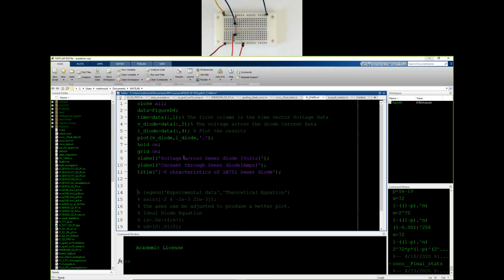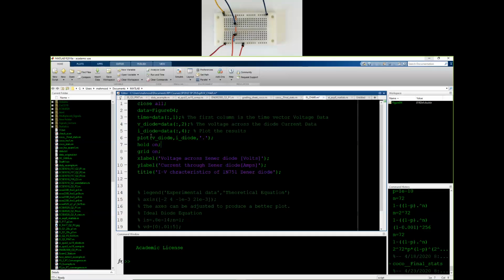So I have made the figure equal to data just because I'm using data as an identifier in my code. Then what I said was voltage across the diode is the second column in data, which it is. The third column is the channel voltage across the resistor. I don't need that because I directly find the current through the diode to be the fourth column, which was the math channel.